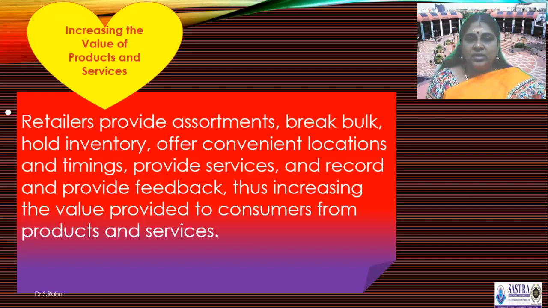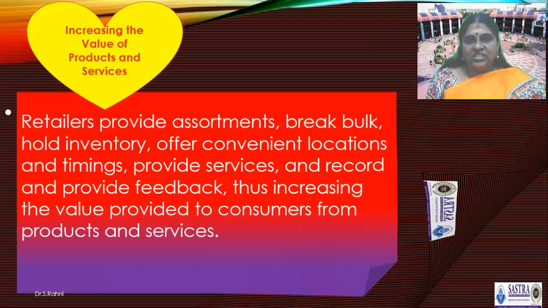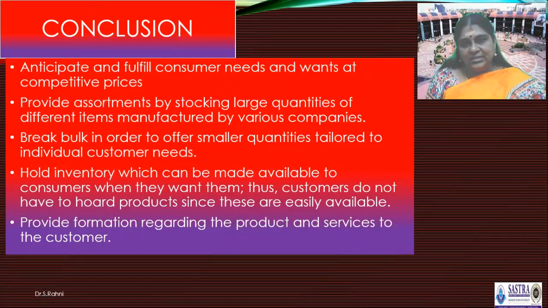Thus, this will increase the value of the product as well as the particular distribution channel, and it will provide the customers with various varieties of products and services. This is the ultimate point where the distribution channel plays an important role, in the form of the retailer, and this increases the product values and service values. This will enable future customers and profits to a larger extent.